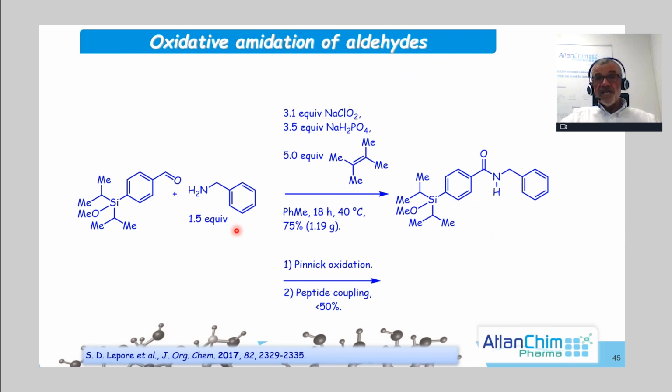It should be pointed out that the two-step sequence, Pinnick oxidation of this aldehyde to the corresponding carboxylic acid, followed by peptide coupling with a benzylamine here, provided the desired amide in less than 50% yield.